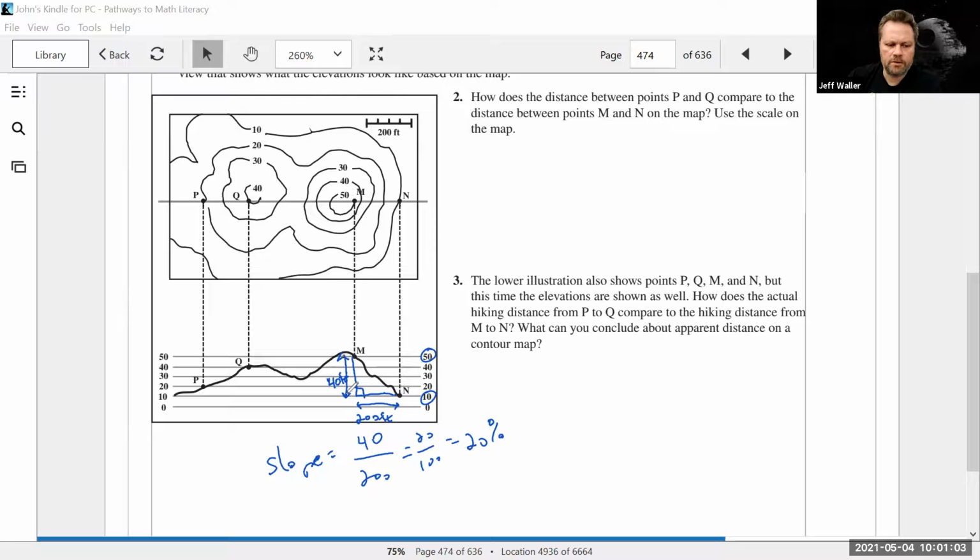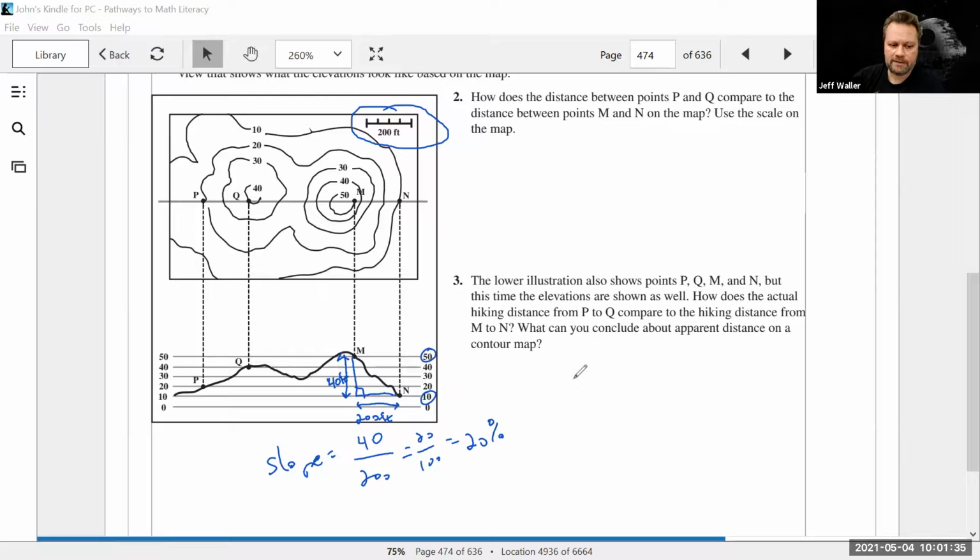You're assuming this scale up and down is the same as this scale left and right, but didn't they tell me the left and right scale? Doesn't this look to be about 200? This is the difference. So the y-axis can have a different scale. Yes, one is hundreds, one is tens. This does look a little longer than that, just straight, but I know that this actually represents more distance.